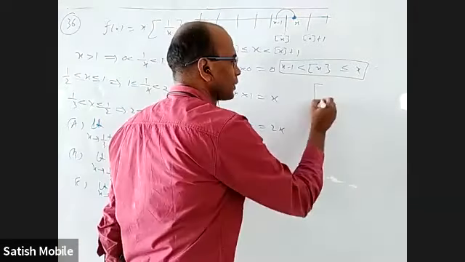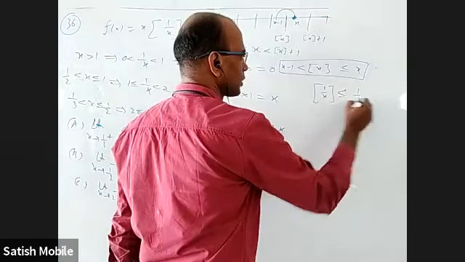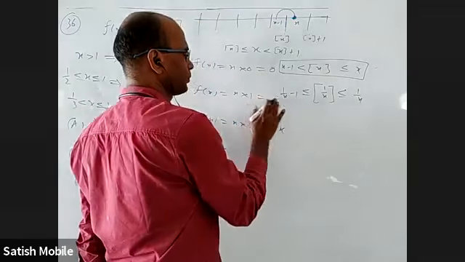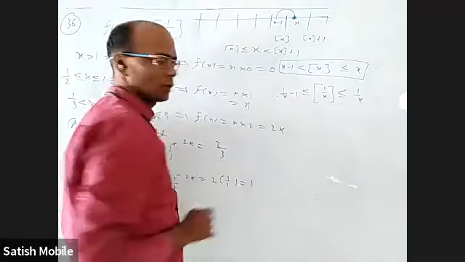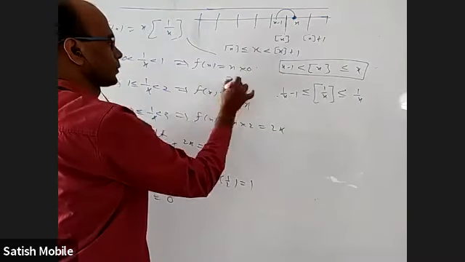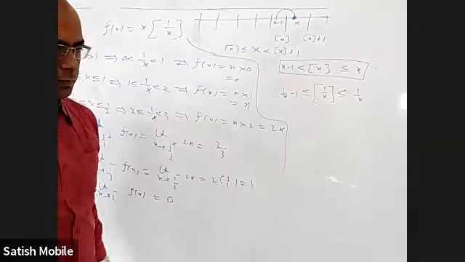I replace x with 1 by x. The integer part of 1 by x is less than or equal to 1 by x, and greater than 1 by x minus 1. Is it okay? Now I'll multiply by x everywhere.